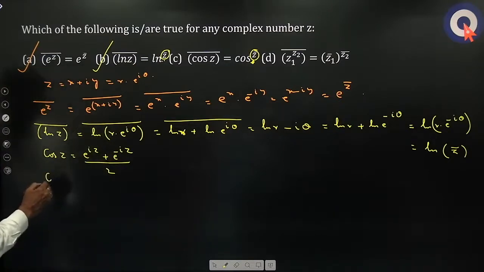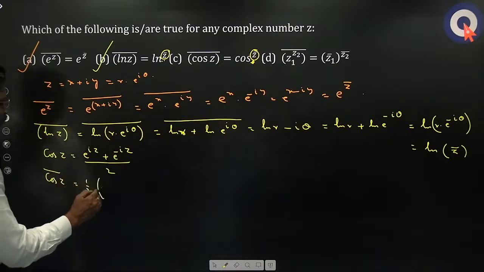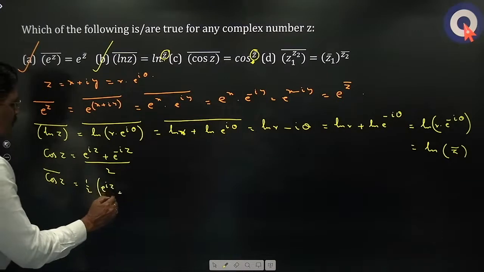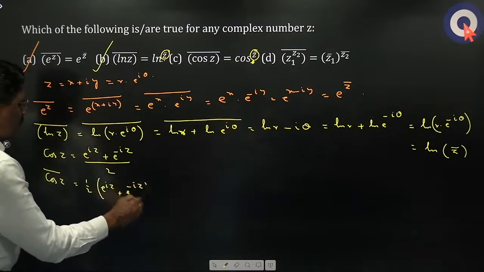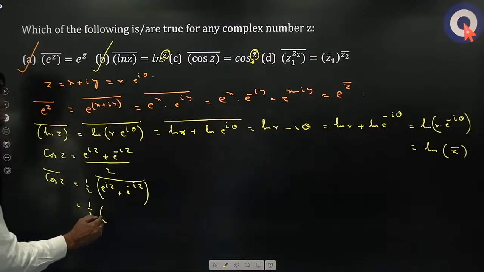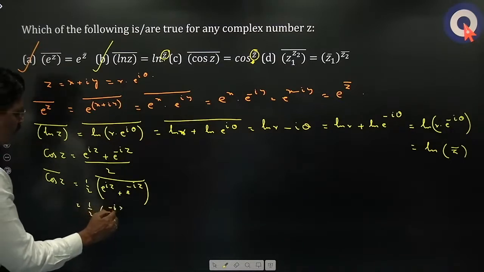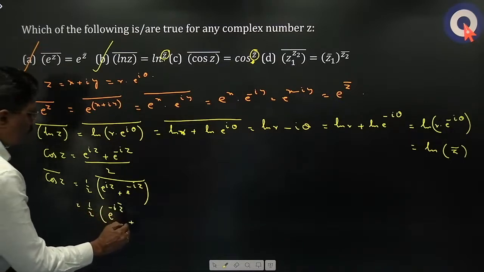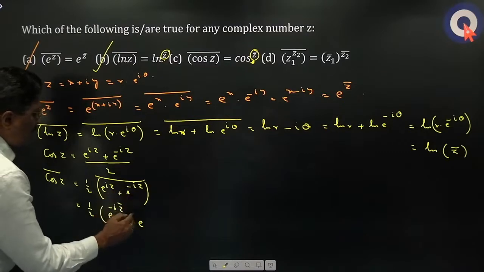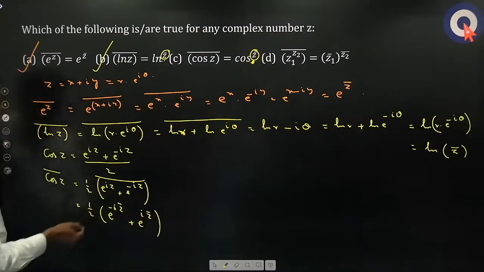So the conjugate of this is the conjugate of this. So 1 by 2 into the conjugate of e power iz plus e power minus iz. If I take the conjugate, I get half e power, the conjugate of i is minus i, the conjugate of z is z bar, plus e to the power of, the conjugate of minus i is i, the conjugate of z is z bar. So what are you getting?